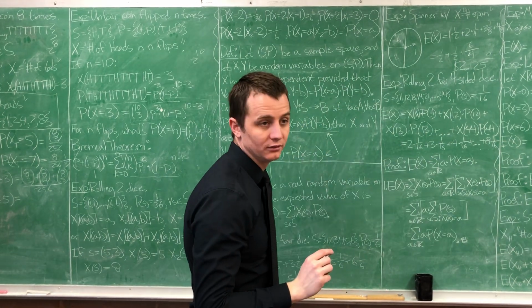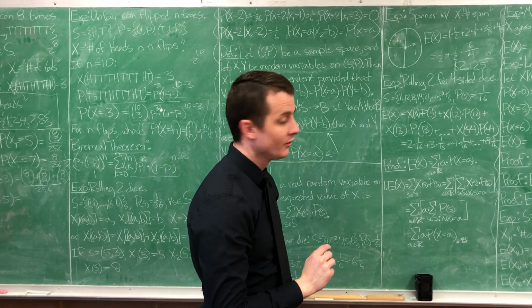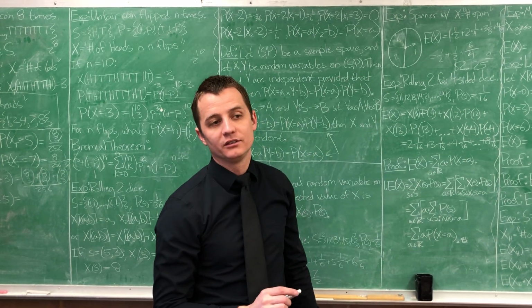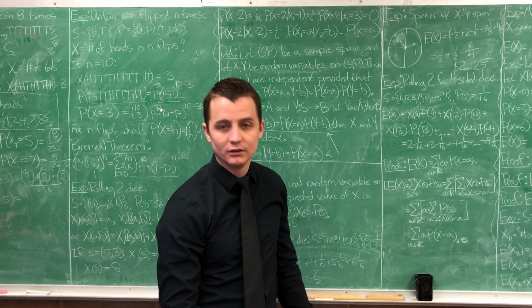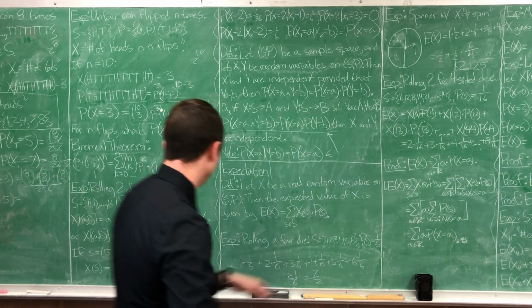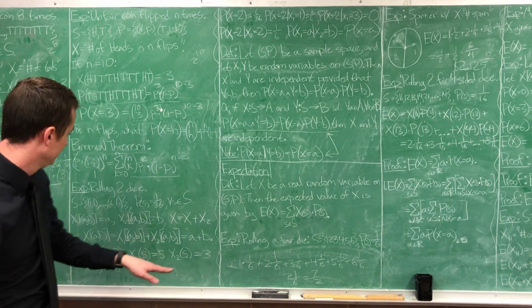Right? How many of these terms would there be? 16. One for each of the rolls. I'm just trying to make sure you understand this formula explicitly.